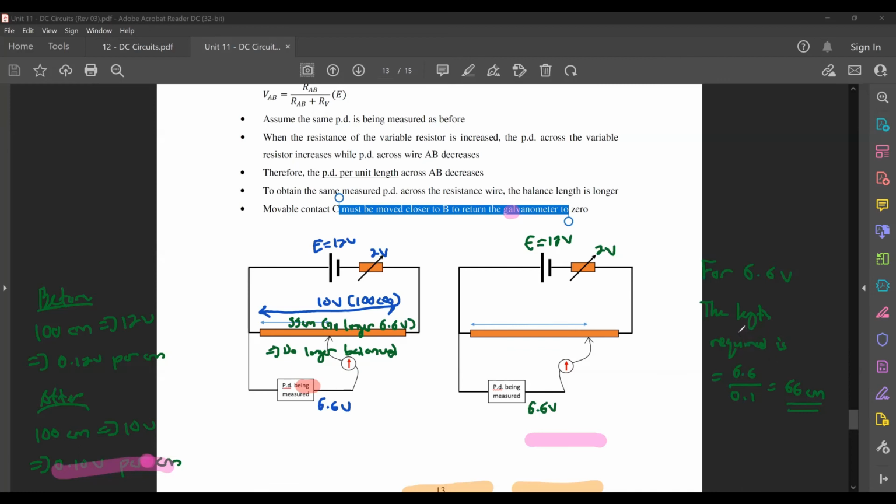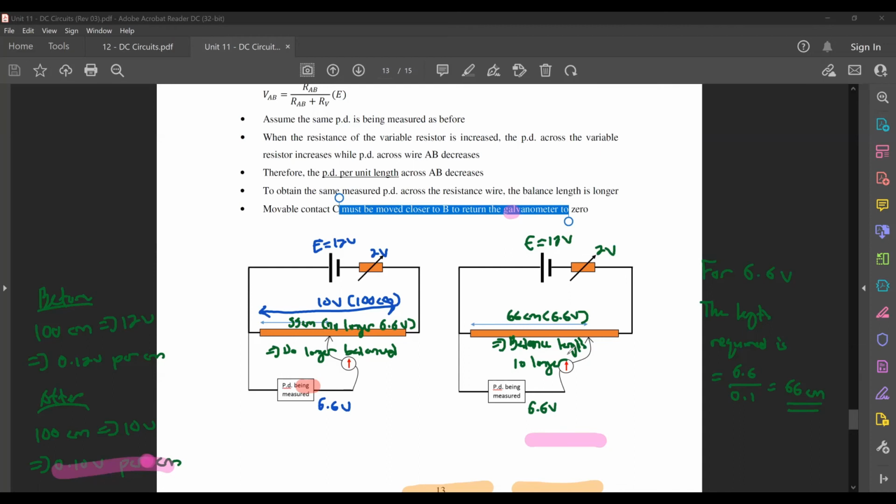6.6 divided by 66 centimeter. So this one now will be 66 centimeter, corresponding to 6.6 volts. Balance length is longer.